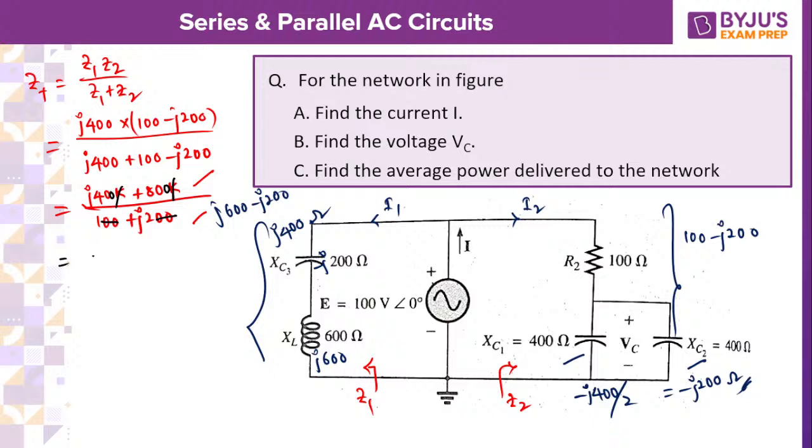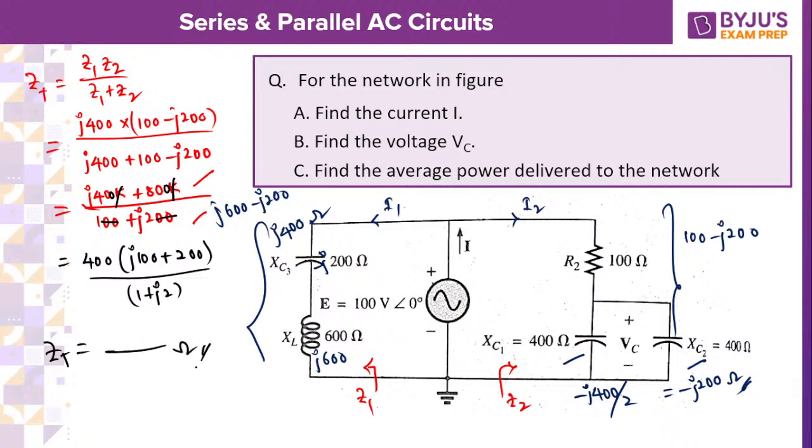So it will be J400 times (J plus 2), so you can even take 400 outside: J100 plus 200 divided by 1 plus J2. Or otherwise you can take up any magnitude, you can get this one.